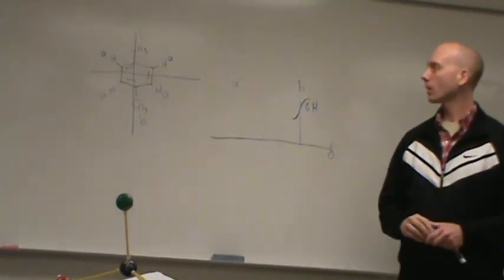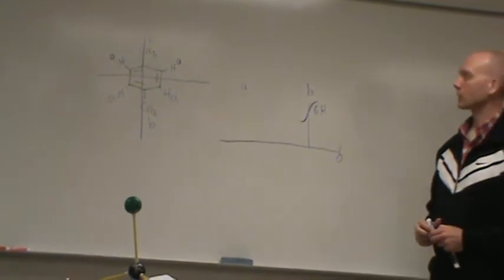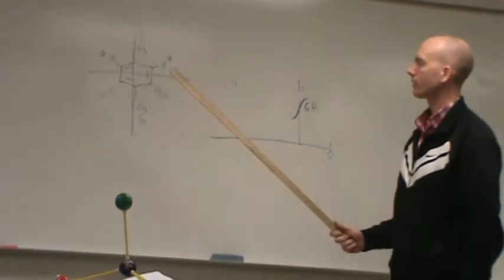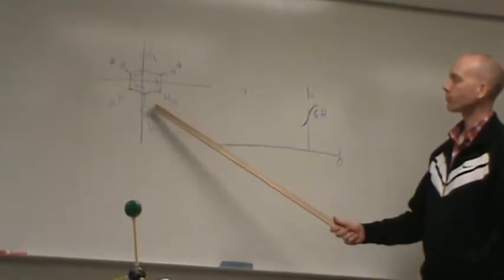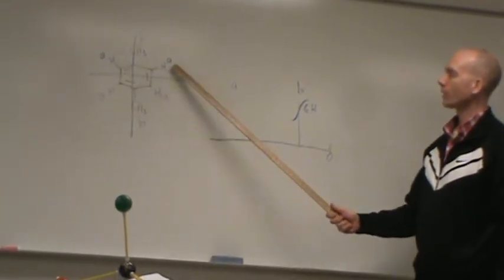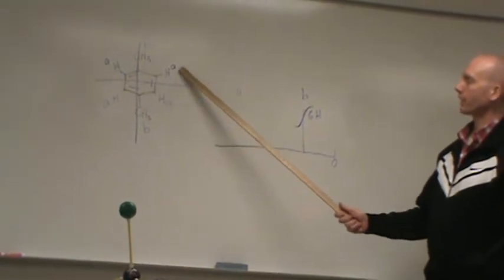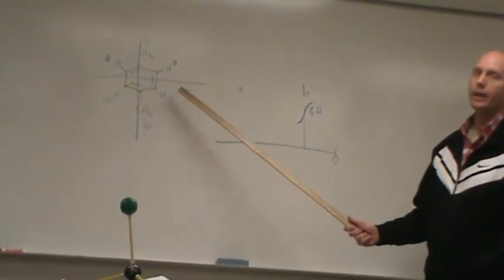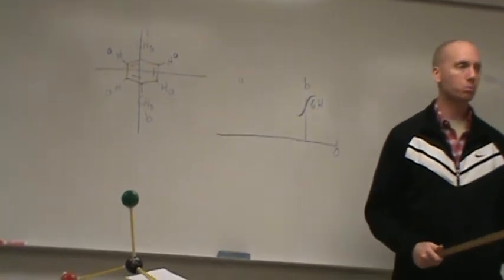Okay. What about the A signal? What will A look like? That's right, you would have predicted maybe a doublet, but that's the same hydrogen now. Singlet. And remember, same don't split the same.